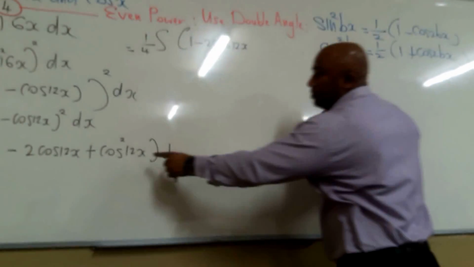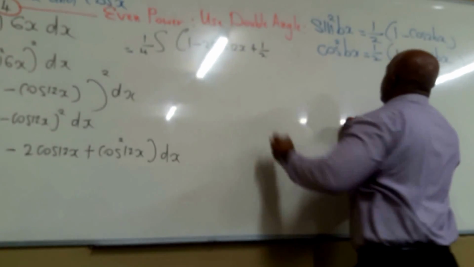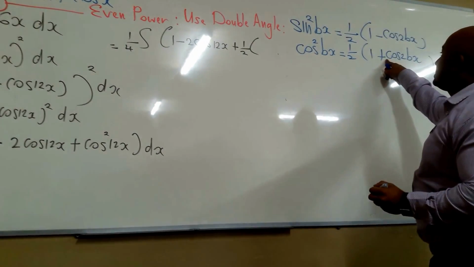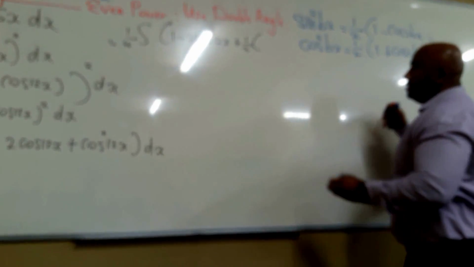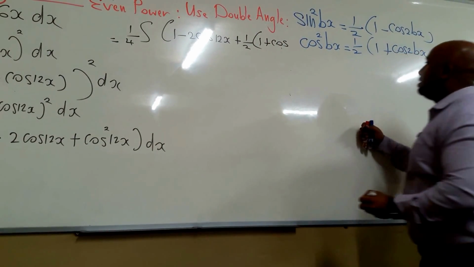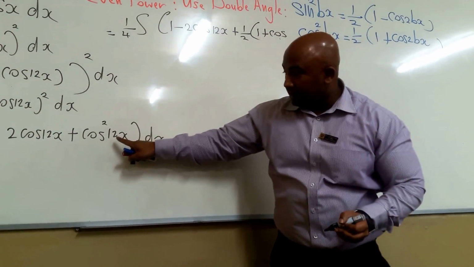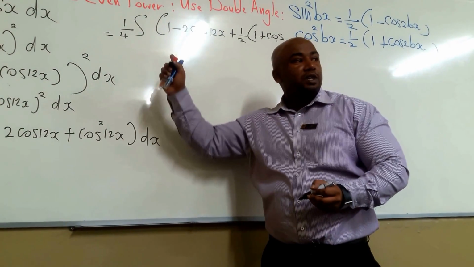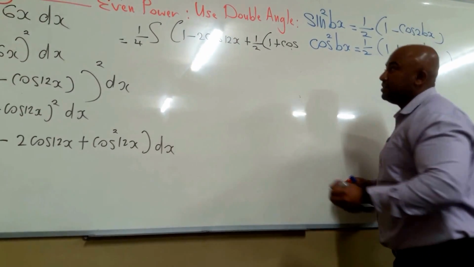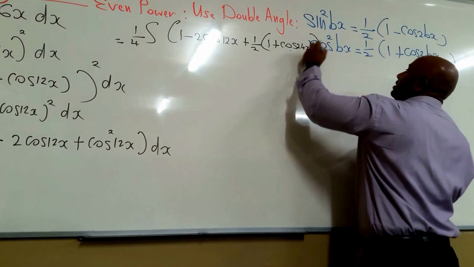I got my cos squared of 12x, which I can write down as half, 1 plus cos 2bx. So 1 plus cos of 2b. What is your b now? Now your b is 12. So 2b means 2 times b. It means 2 times 12. So that will be 24x.